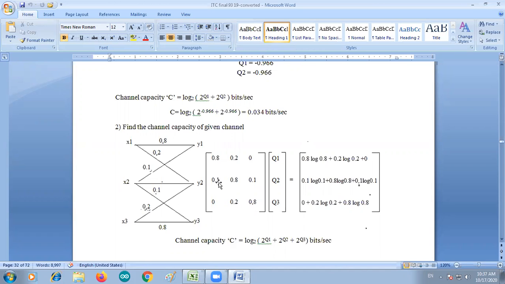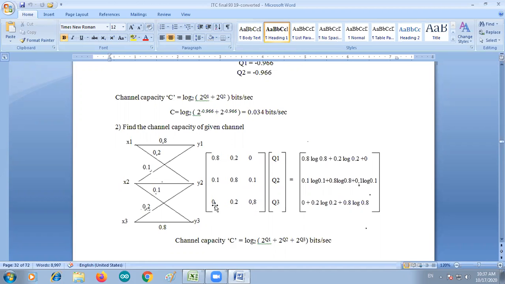So P21 is 0.1. P22 is 0.8. Students, there is a printing mistake in the diagram. Please note that P22 is 0.8. P23 is 0.1.